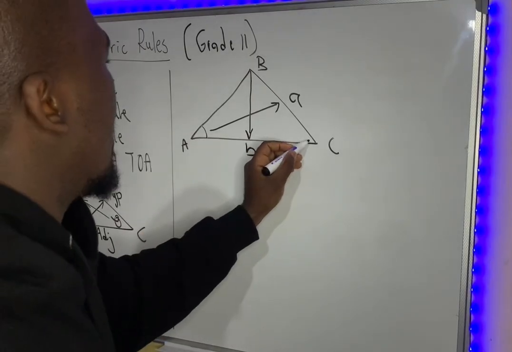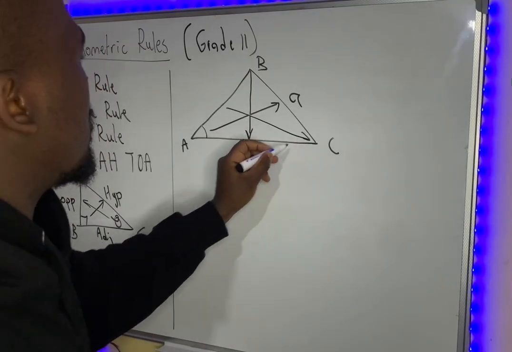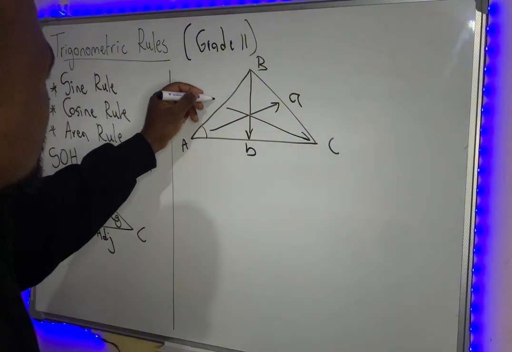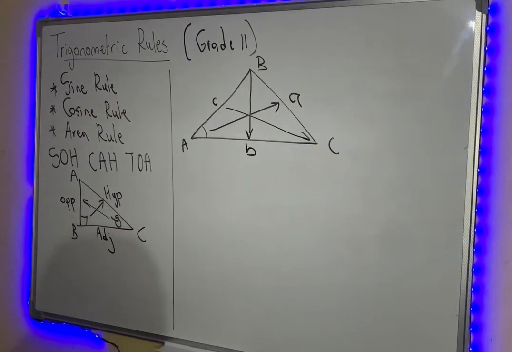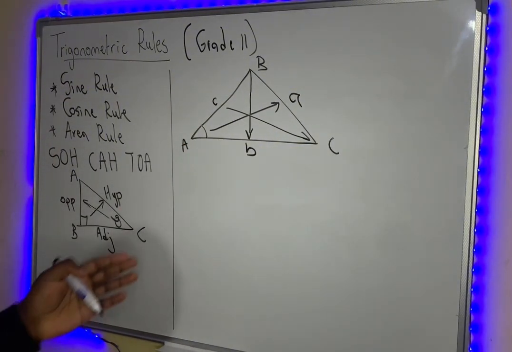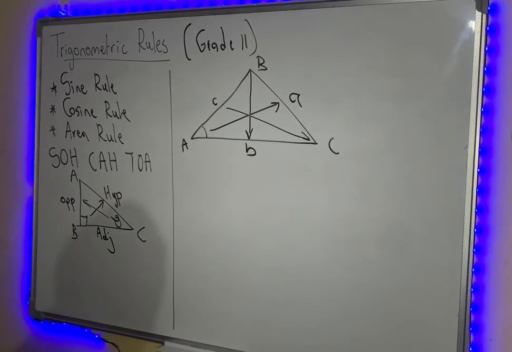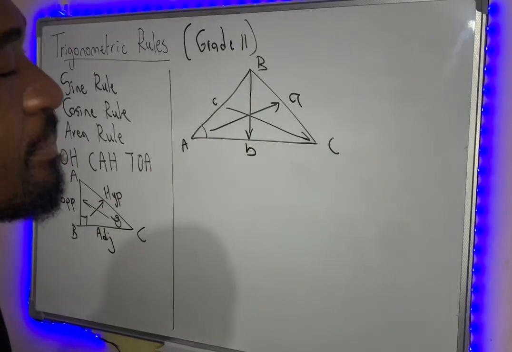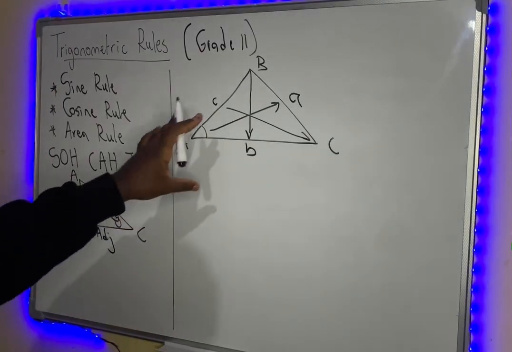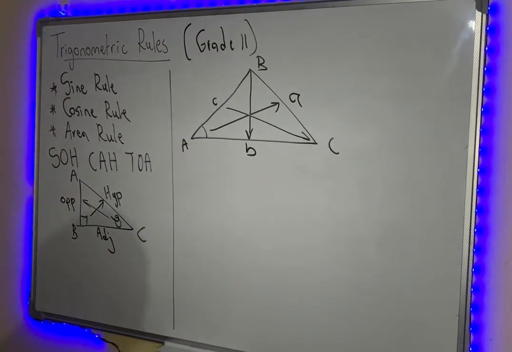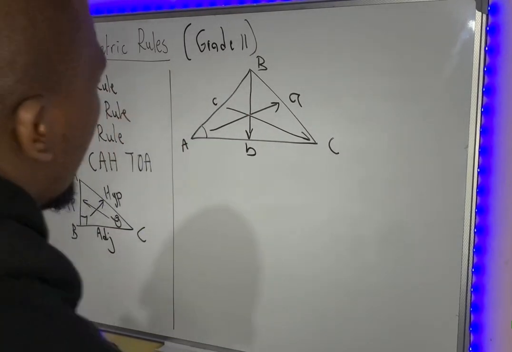Then there's another one which is opposite to this one, which is going to be small letter c. So for now, you can simply see that our corners, we label them using uppercase letters. Then our sides, we label them using lowercase letters.